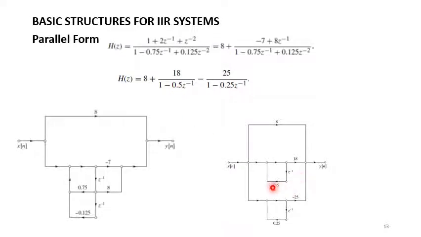For the third term we have scaling by minus 25, so that's minus 25 scaling, and for the poles we have 0.25. So I think that's all. I hope that gives you a sense. If you have any confusion, we can discuss it in the live session.